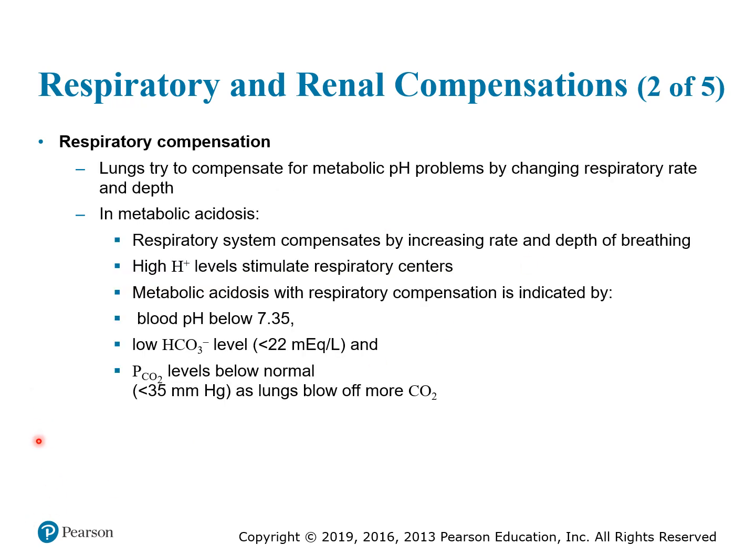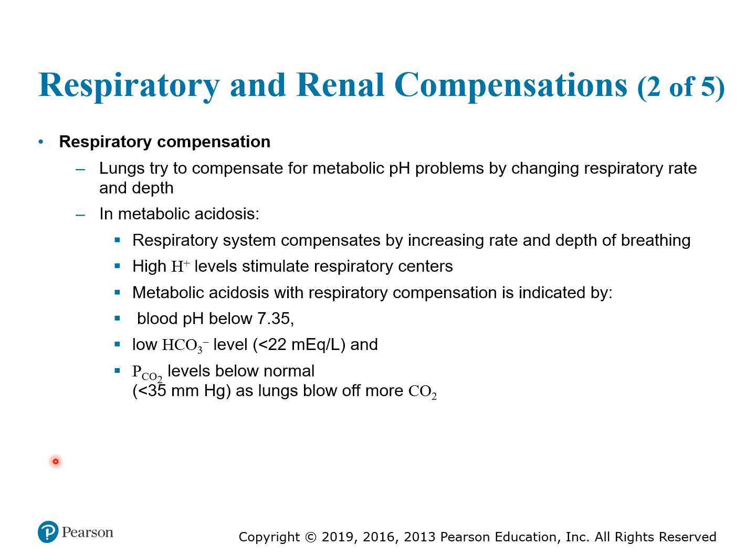Now let's see what respiratory compensation is. The lungs try to compensate for metabolic pH problems by changing the respiratory rate and depth, because this is what they can do. So in metabolic acidosis, the respiratory system compensates by increasing the rate and depth of breathing.